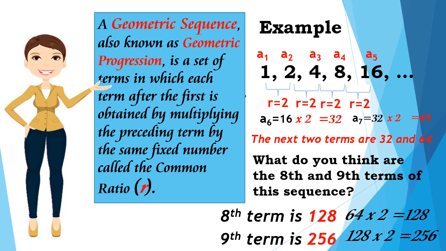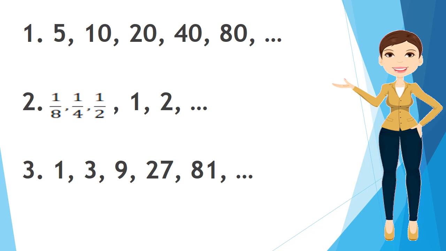Good. So, going back to learning task 1, try to prove that 5, 10, 20, 40, 80, and the rest of the 2 patterns are geometric sequences. So let us take a look at the ratio of the first pattern. So you have 10 divided by 5.